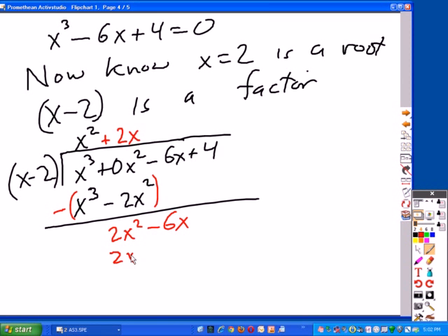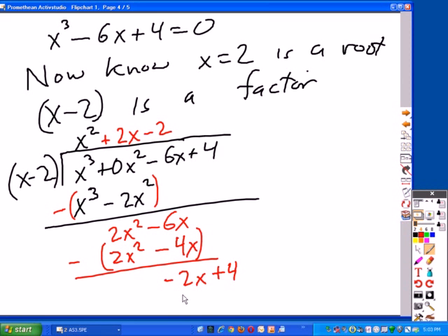This is now 2x squared minus 4x. Subtract. Negative 6x minus negative 4x is negative 2x. Bring down the 4. And now we look at what do we multiply x by to get negative 2x. How about negative 2?